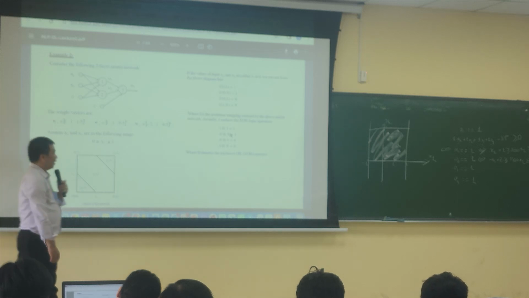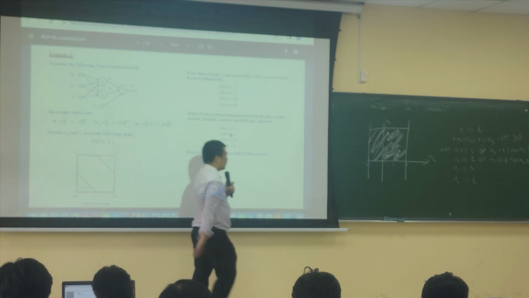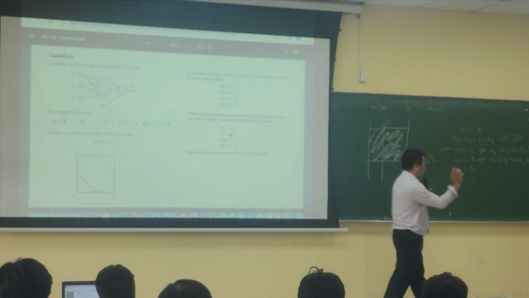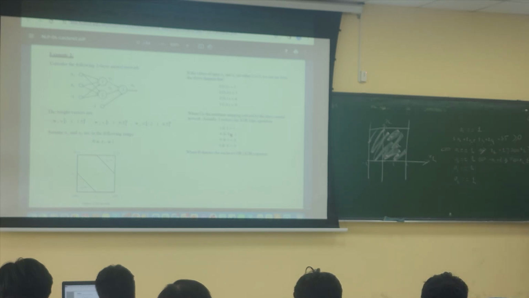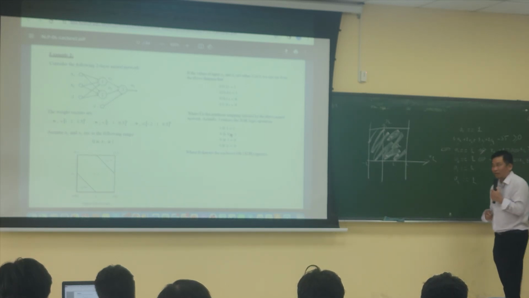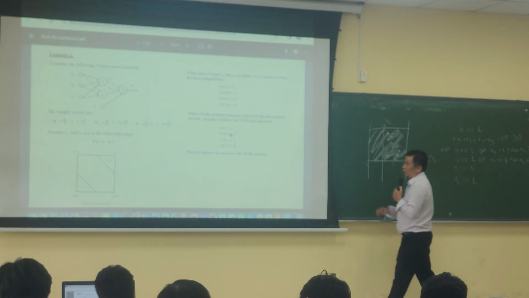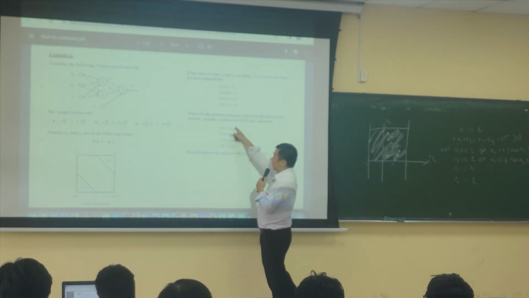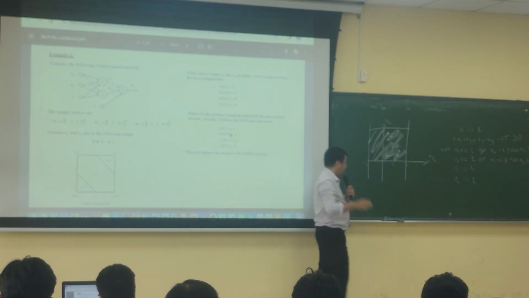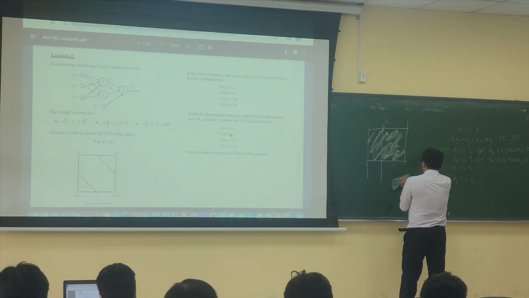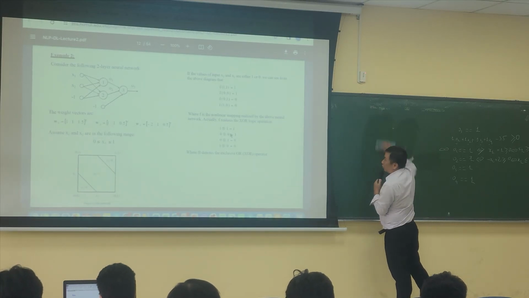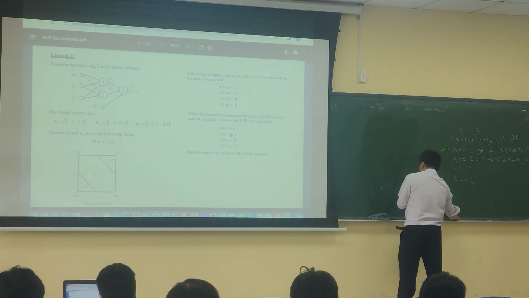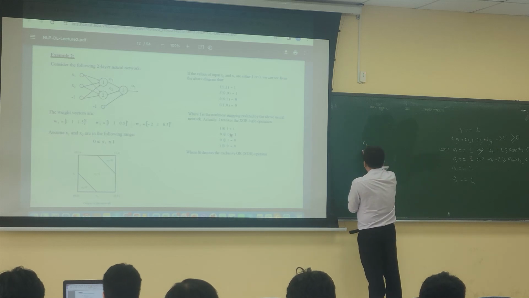Now if you consider the input as Boolean values, that means S1, S2 can only be true or false. So we indicate that 0 is false and 1 is true. So you see S1, S2.